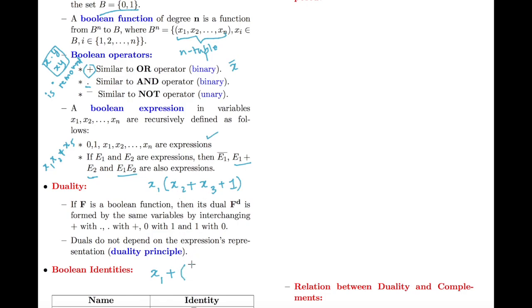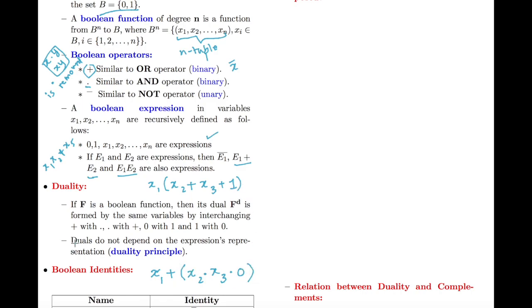Then these are additions, so x2 dot x3, and then dot, and 1 is replaced by 0. So we have 0. So this is the dual of this. Then x1, x2, x3 will not change. The product is replaced by the sum, the sum is replaced by the product, and 1 is replaced by 0.